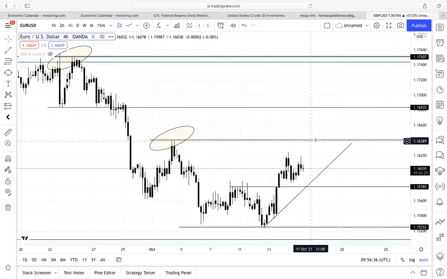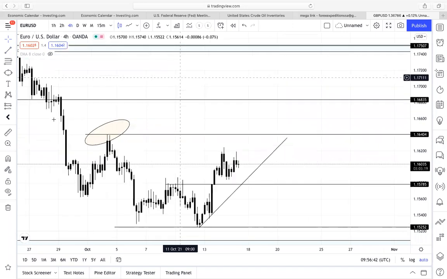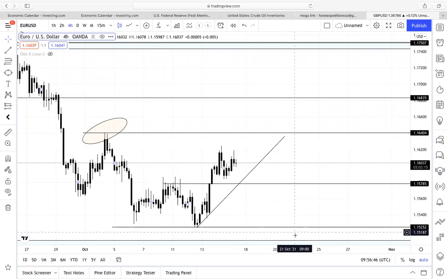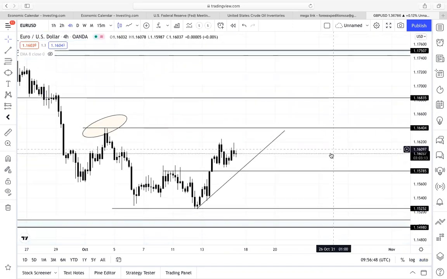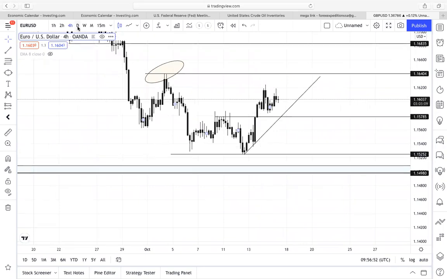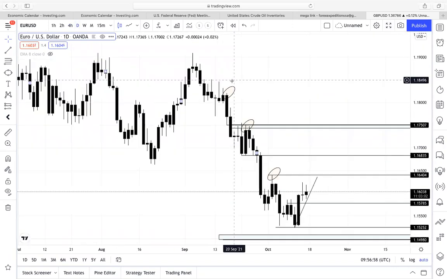If we get here, bounce off the trend line, and break above, that means we break in structure and we're looking to go up. If price decides to bounce here on the trend line and break it, that means we're falling to the downside. And our initial target is going to be 1.15, because price usually stops mainly at the whole numbered key levels, because those are the levels that the banks trade.